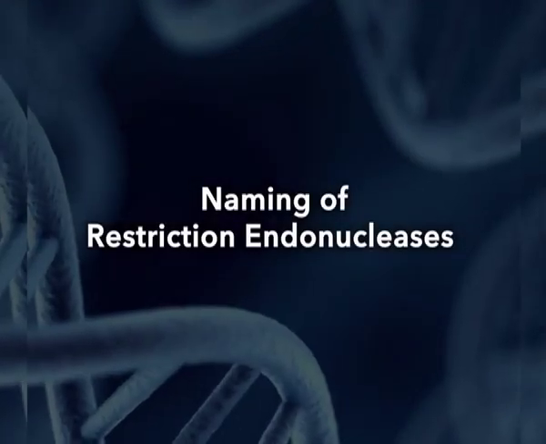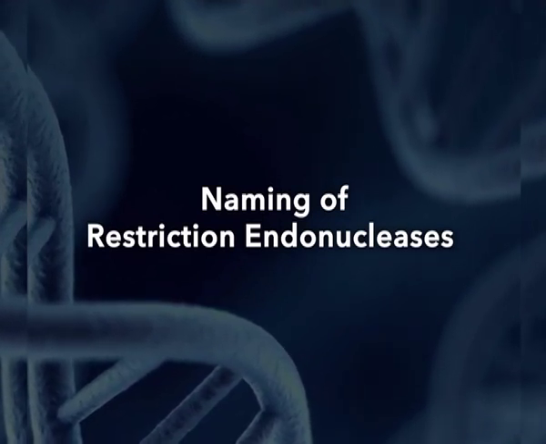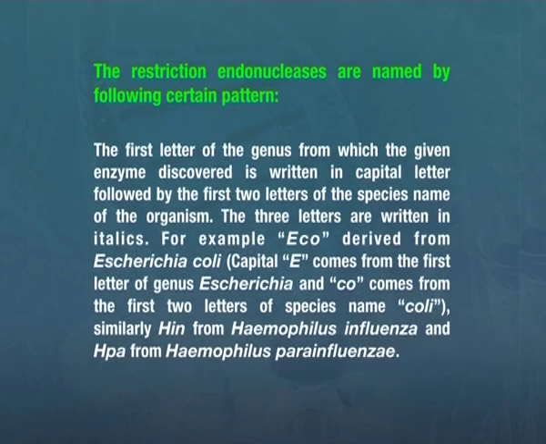Now, let us come to the naming of restriction endonucleases. The restriction endonucleases are named by following a certain pattern. First, the first letter of the genus from which the given enzyme was discovered is written in capital letter, followed by the first two letters of the species name of the organism.